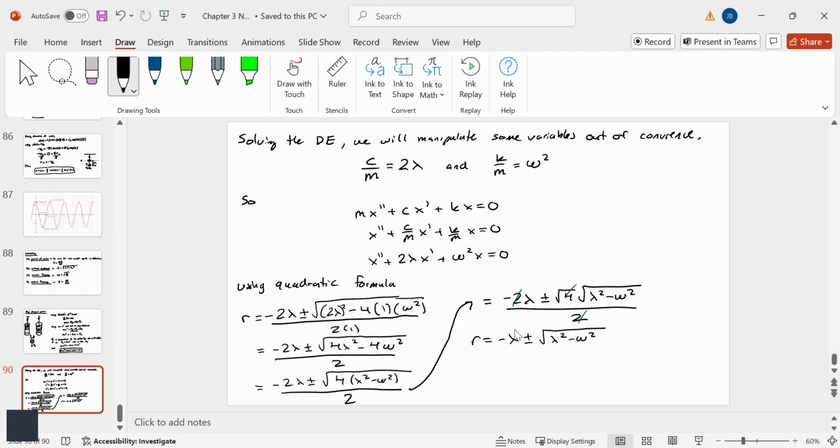And if we can find the mass, spring constant, and damping constant, then we could just plug it into all these equations and get the answer, right? That's all we've got to do.